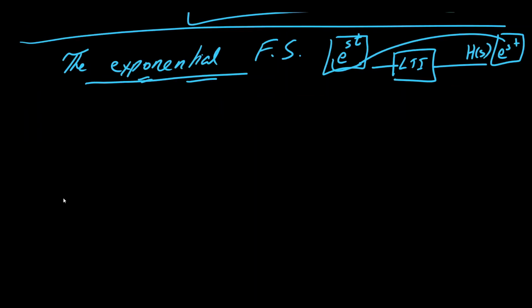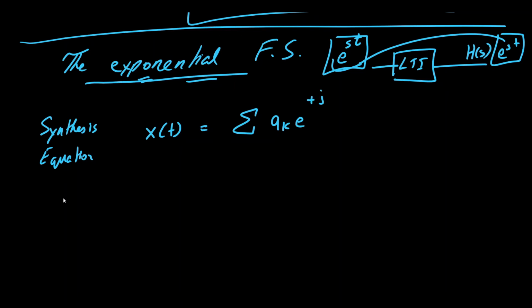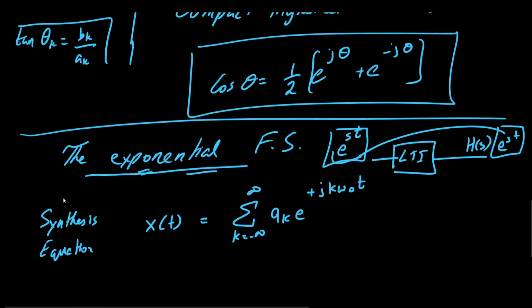And in this formulation, the synthesis of a periodic signal x of t has a very simple form, that is, we have a weighted sum of complex exponentials. The summation is from minus infinity to infinity, since now we have a minus here and a plus here.